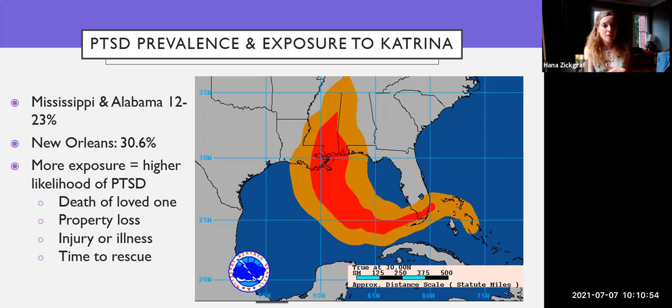So people in Mississippi and Alabama, where the hurricane had an impact, but less of an impact than in New Orleans, were less likely to develop PTSD after Hurricane Katrina. And even within New Orleans, people who had more exposure to trauma because of the hurricane had a higher likelihood of developing PTSD. So again, this isn't surprising, but just to say that there is a correlation between how much a trauma affected you or how intense your exposure was and how likely you are to develop PTSD, regardless of your predisposing risk factors.